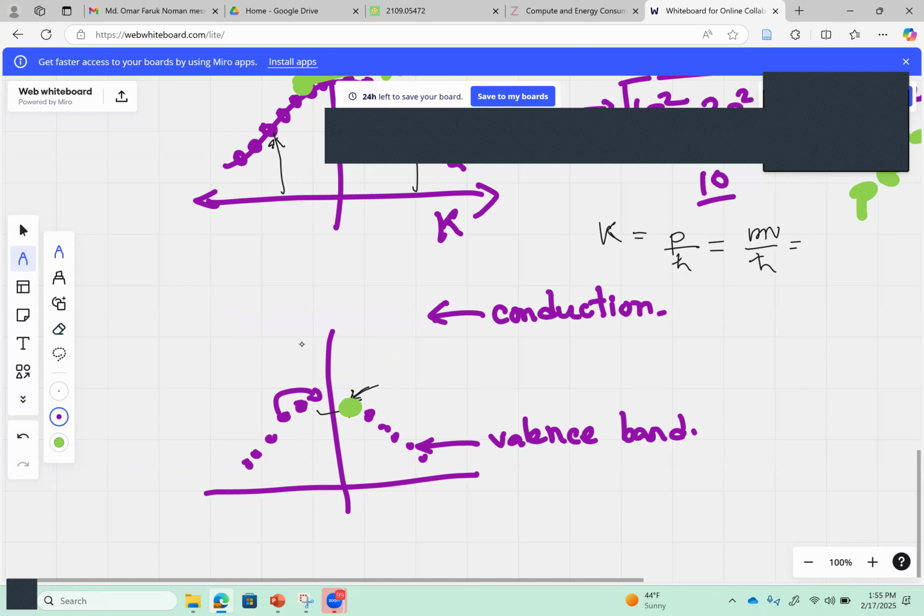So if some electrons are available at the upper energy states, let's say in the E-K diagram, this was the E-K diagram, and we were able to excite some electrons to the upper energy states. Now, look at that, not all the states are occupied by electrons. Because not all the states are occupied, if you apply some bias voltage, you might be able to shift some electrons from negative K states to positive K states.